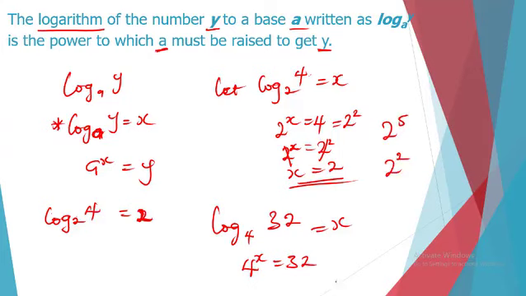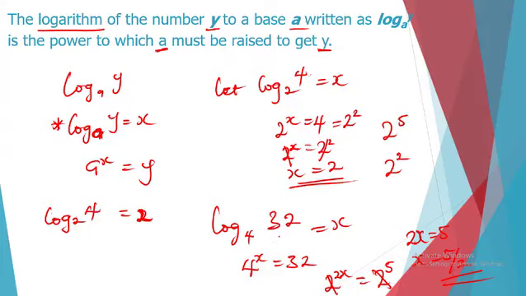Is that correct? So we say that 2 raised to power 2x is equal to 2 raised to power 5. This will cancel this. 2x is equal to 5. x is equal to 5 over 2. Do we understand? So that means that log 32 base 4 is the same as 4 raised to power 5 over 2.